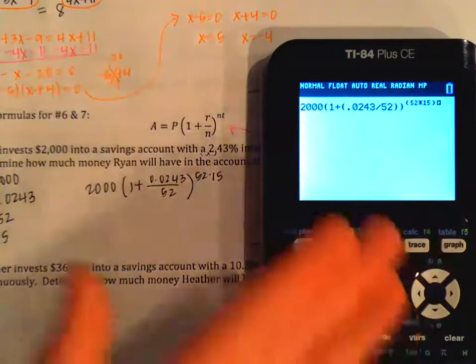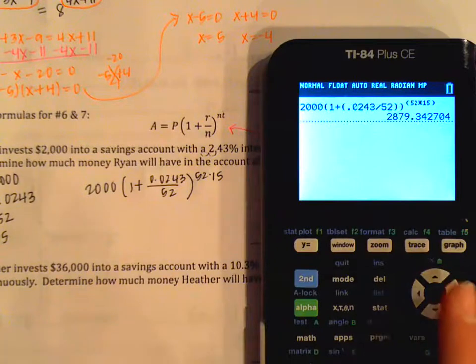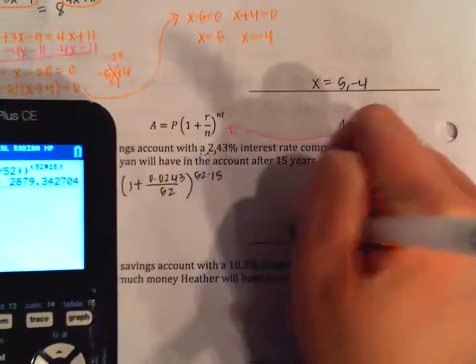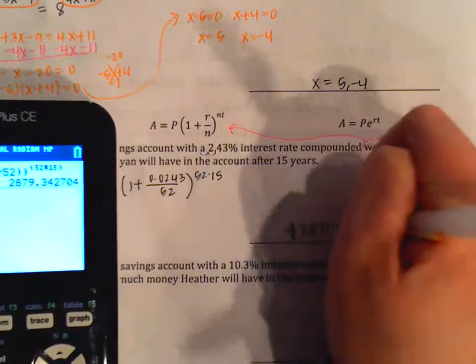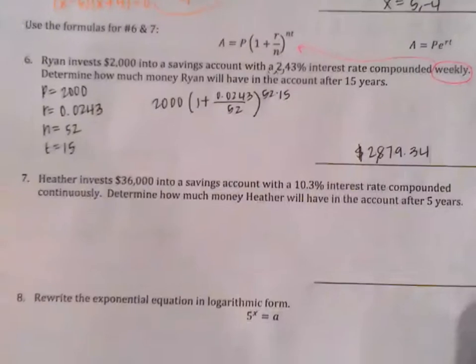You technically don't need to in this calculator, but if you're using any other calculator, then you need to. So that's my answer: $2,879.34. And that's it. So let's move on to 7.